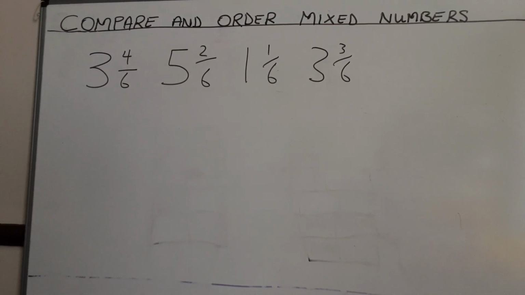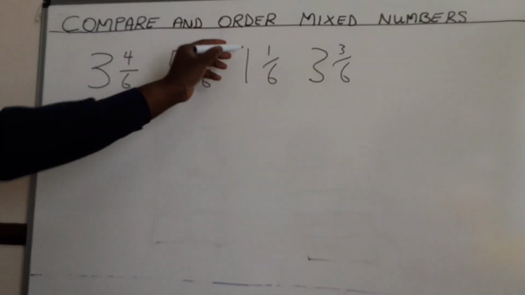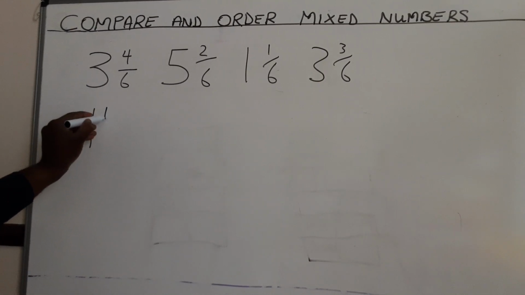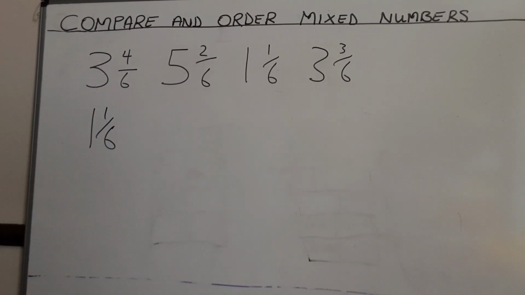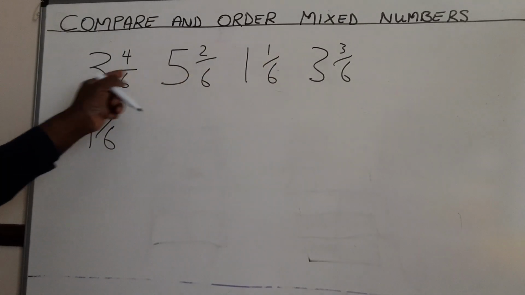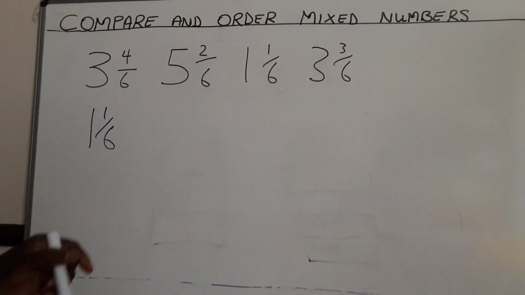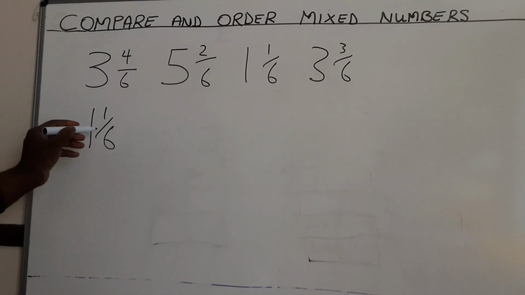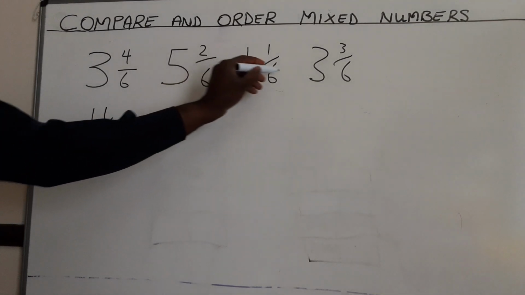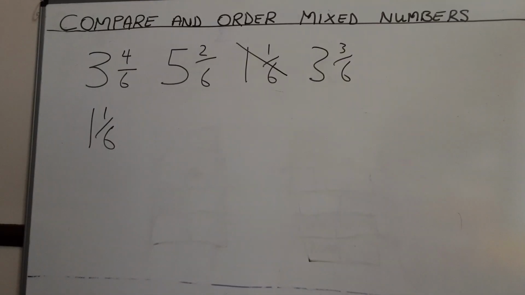So first we can clearly see that 1 is the smallest, so we put our 1 and 1/6 here because the question is asking us to start from the smallest. So we start from the smallest, and this is 1 whole and 1/6. So we can cross this one out.